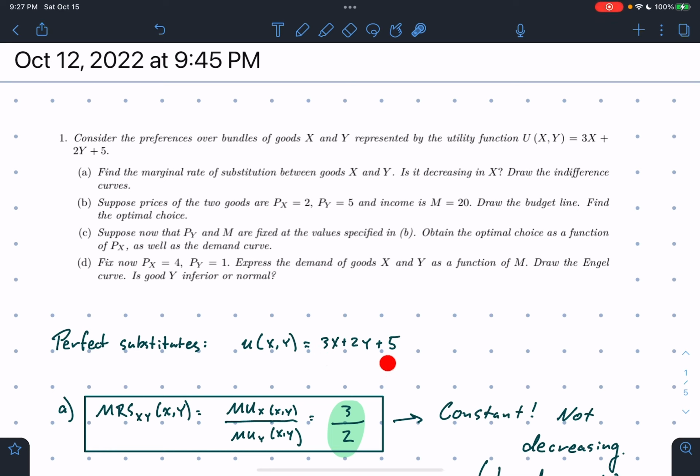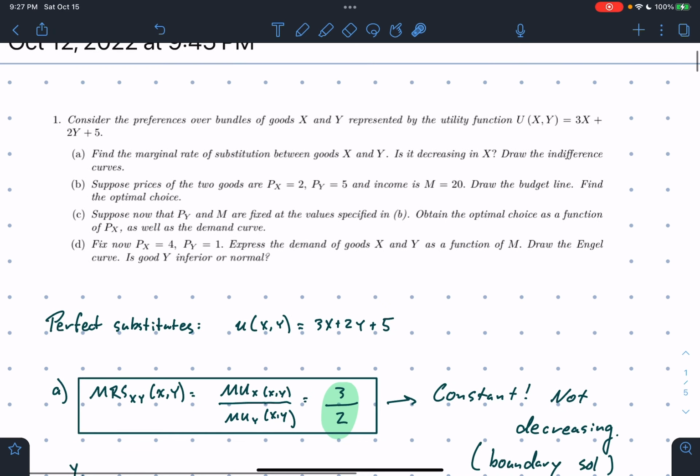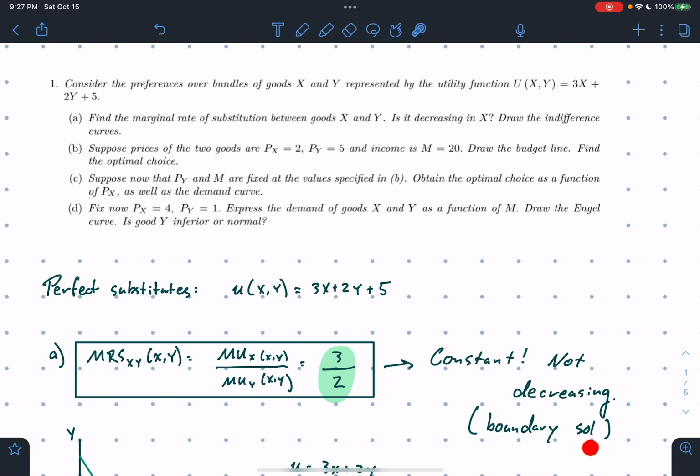The partial derivative with respect to y is just going to be 2. So we see that this is a constant marginal rate of substitution, and it's not decreasing. So this suggests that we have a boundary solution. So it's either going to be the case that the consumer buys only x or they buy only y. They're not going to really buy in between.